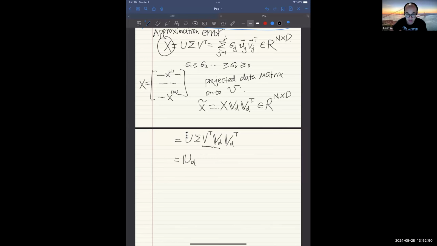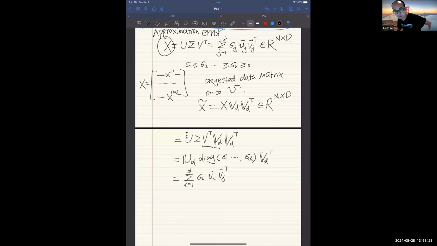And this sigma, we only keep the first D components, so it becomes the diagonal of sigma 1 to sigma D, then VD transpose. We can write everything in terms of summation: i from 1 to D, sigma i, Ui, Vi transpose.